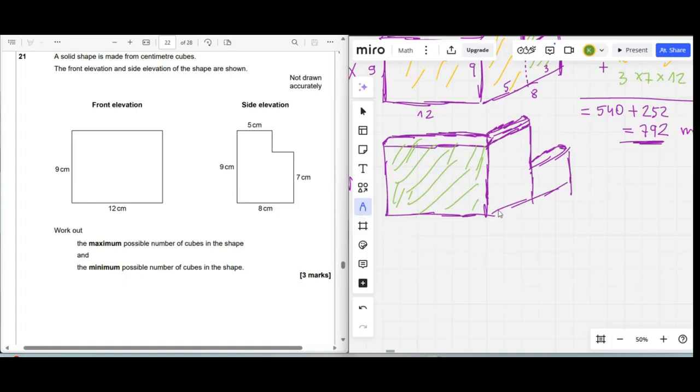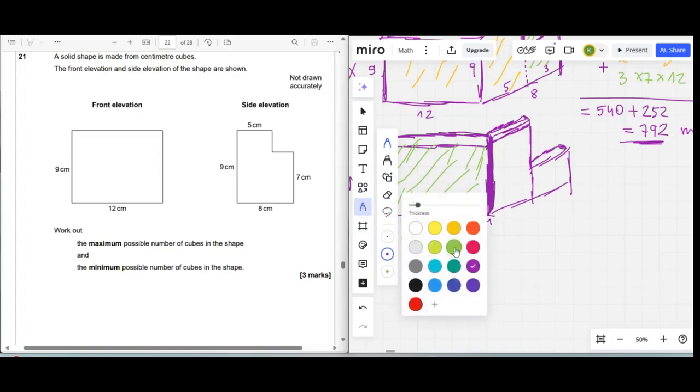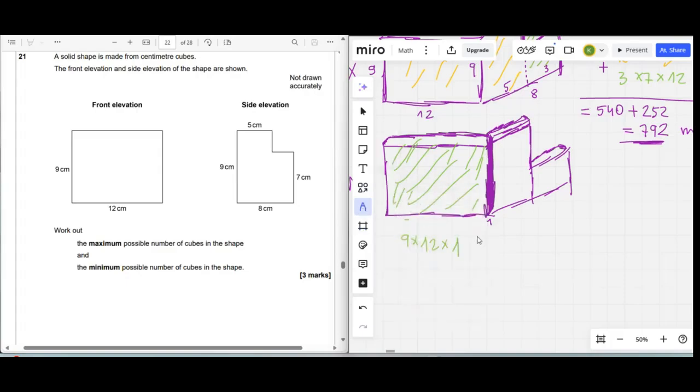And this block is 9 height, 12 length, and the third is 1 there, because our wall is just 1 cube long or width times 1.